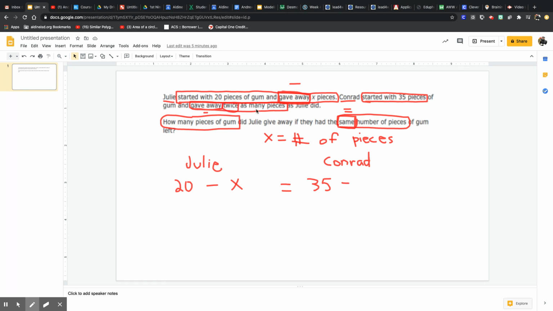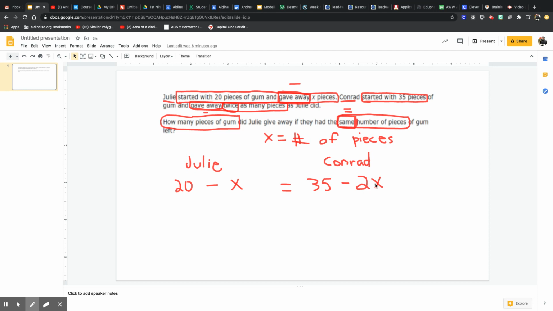Well, I know twice is the same as multiplying by 2. If I have twice the amount of something, I'm multiplying that by 2. So I'm multiplying the amount that Julie gave, which was X, times 2. 2X. Twice as many as Julie. So here's our equation: 20 minus X equals 35 minus 2X.